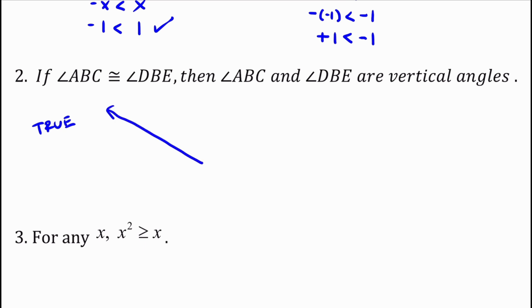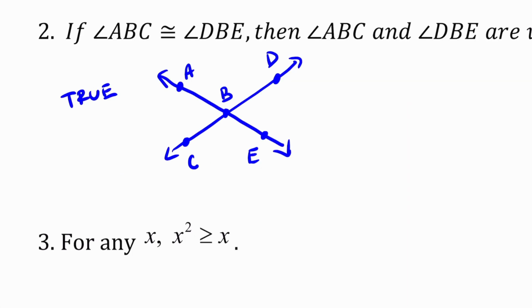I'm going to draw two straight lines and form an X. Let's label this point A, let's call the vertex B, and this point will be C. On the right hand side of this picture, this point will be D, this is the vertex still, and this will be E.